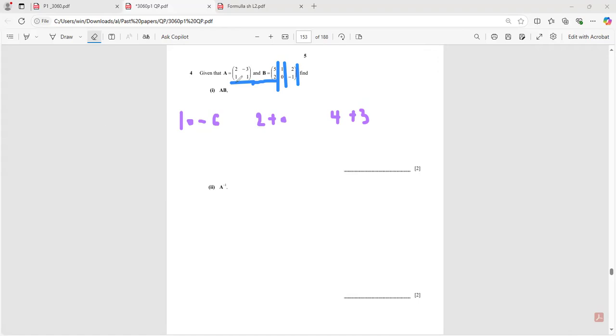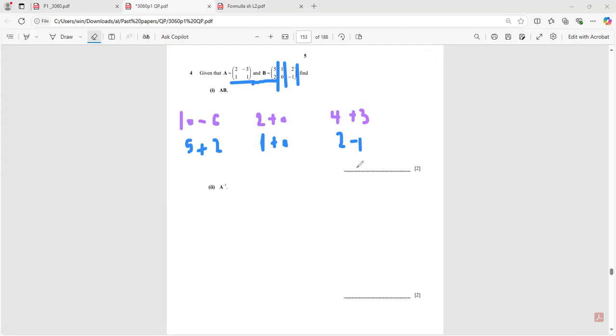Okay, let's get started. 1 multiplied by 5 is 5, plus 2. Next here it would be 6. 1 multiplied by 1 is 1, and 1 multiplied by 0 is 0. I'm going to write them as 2 minus 1, because both are 1.